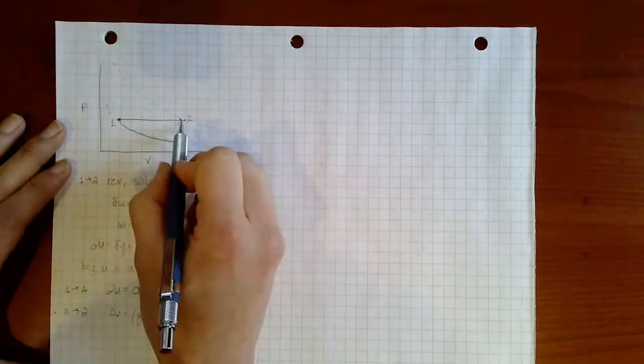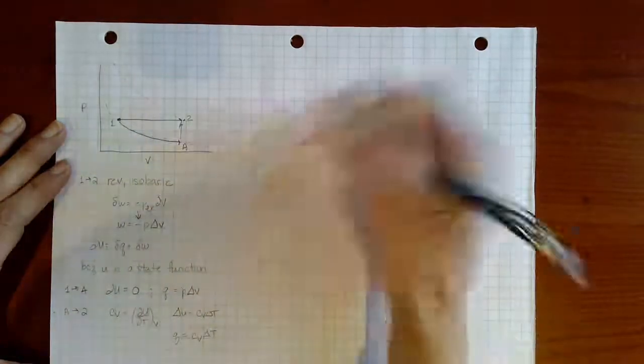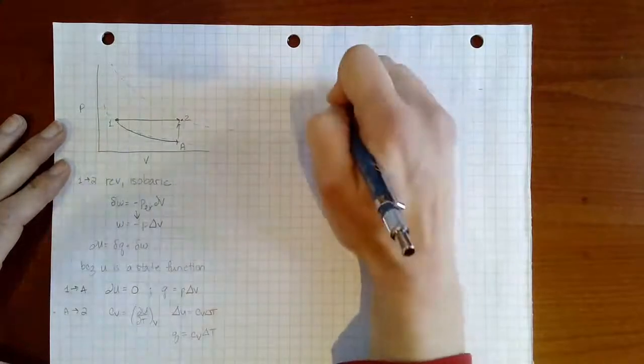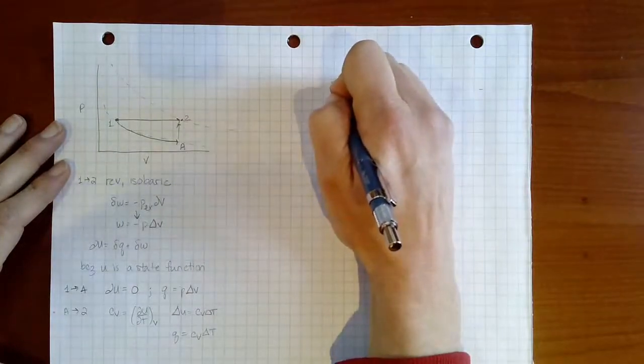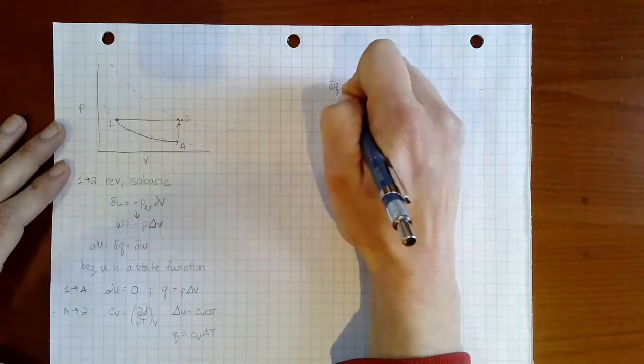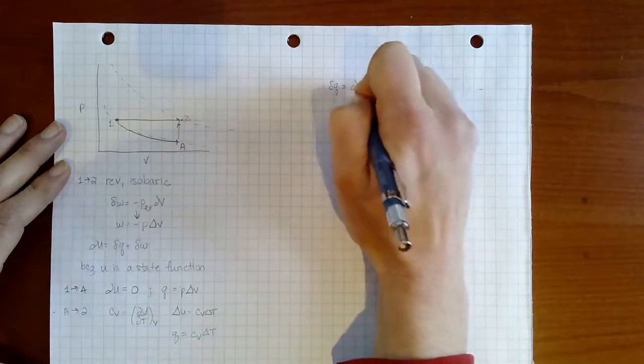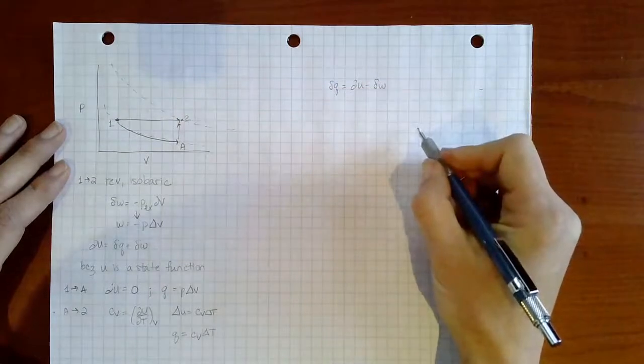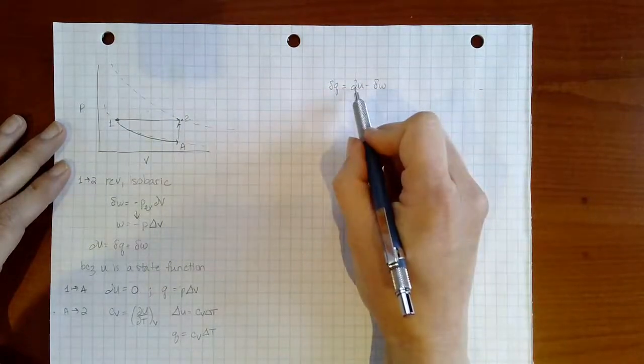Let's start by rewriting the first law. So if I solve the first law for the change in heat, or for the heat flow, I should say, I can say that this is going to integrate out when I integrate this equation out.